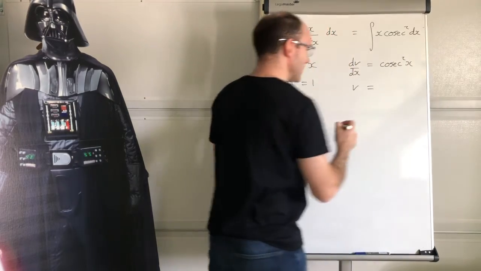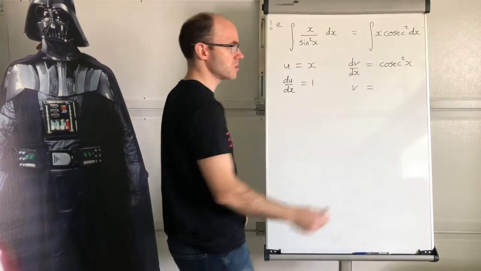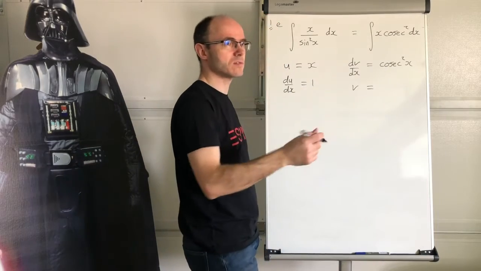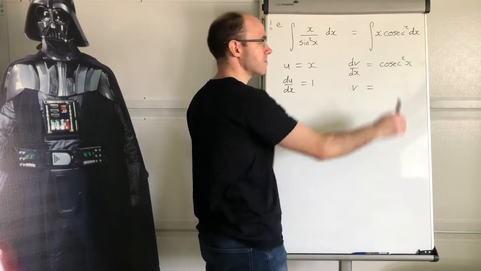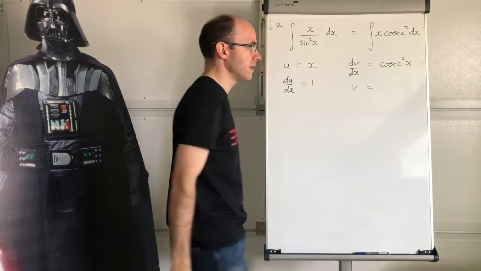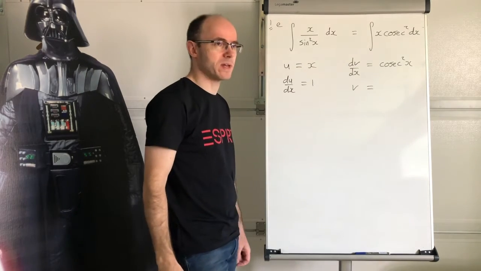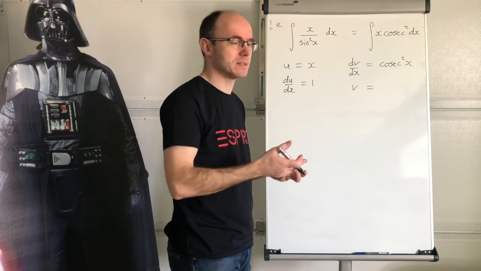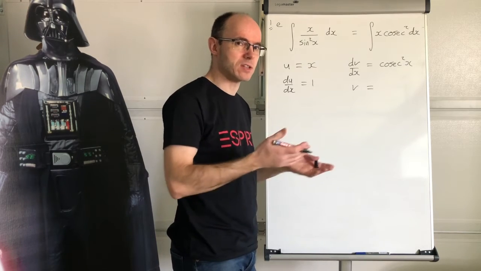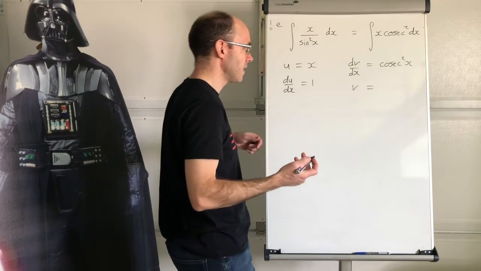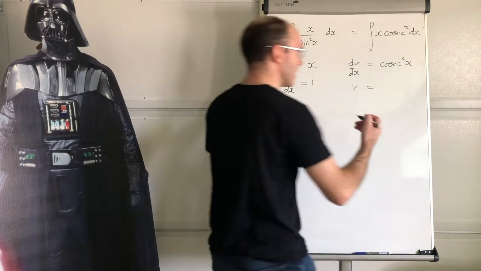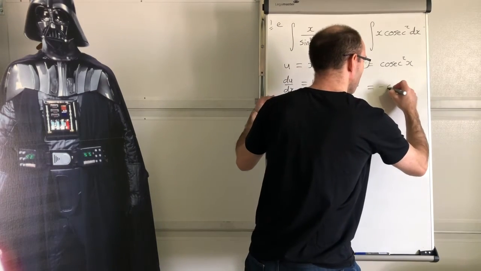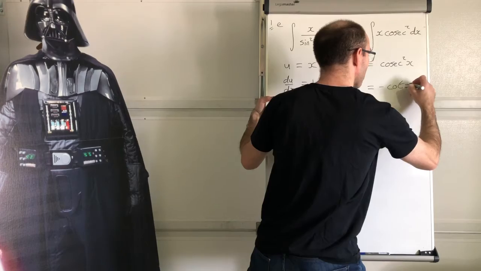Now these are given to you because you should know, or at least remember or recognise, that there is a standard result for the integral of cosec squared x. If you're still not quite confident, then you might want to just look it up. Or you just have a go at it and then look it up to check. But you should get negative cot x.